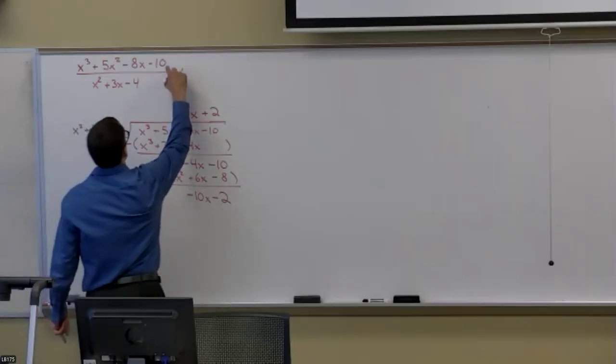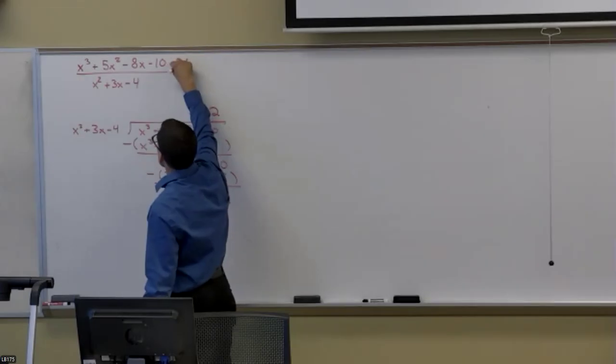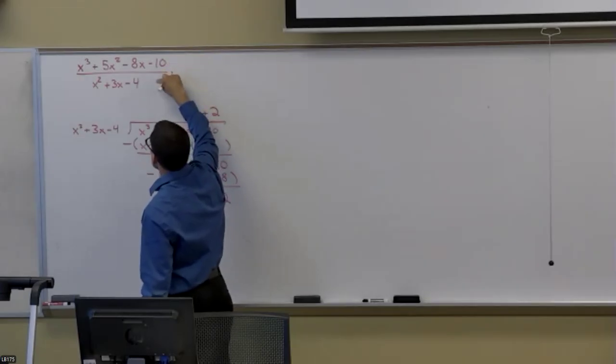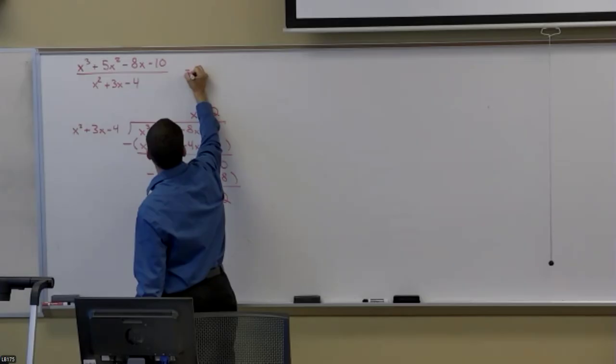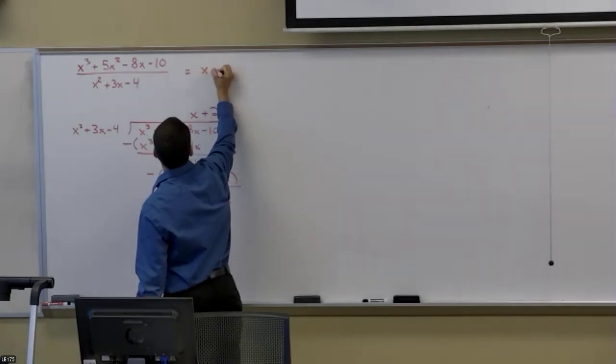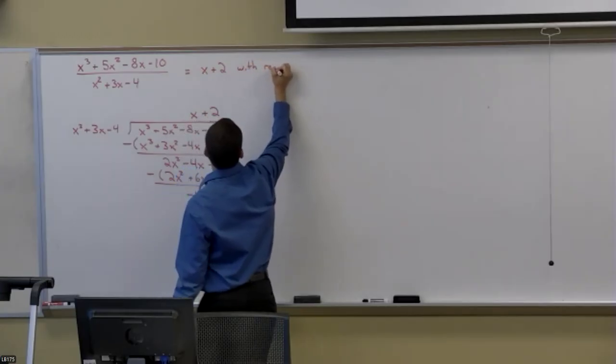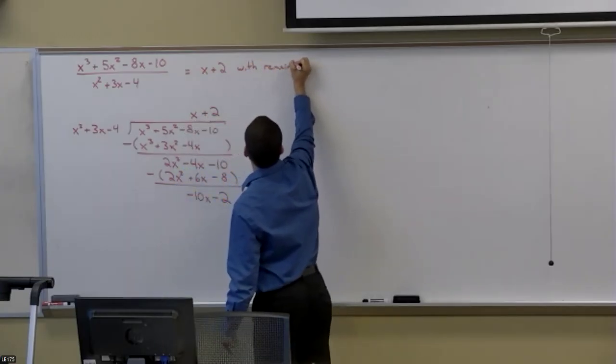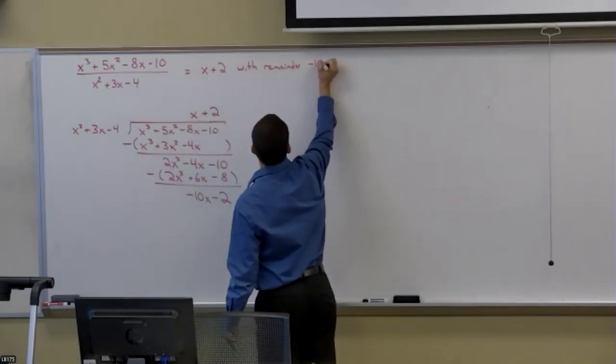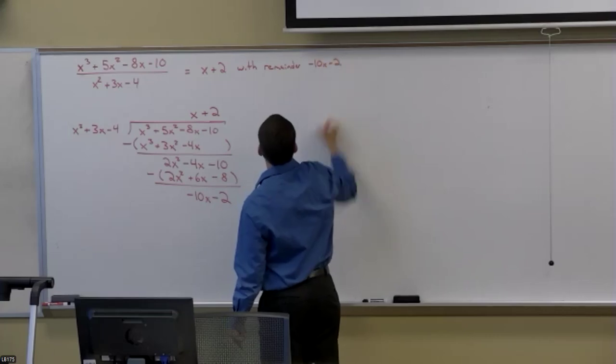So that means when I take this polynomial and divide it by this polynomial, I end up getting x plus 2 with remainder negative 10x minus 2.